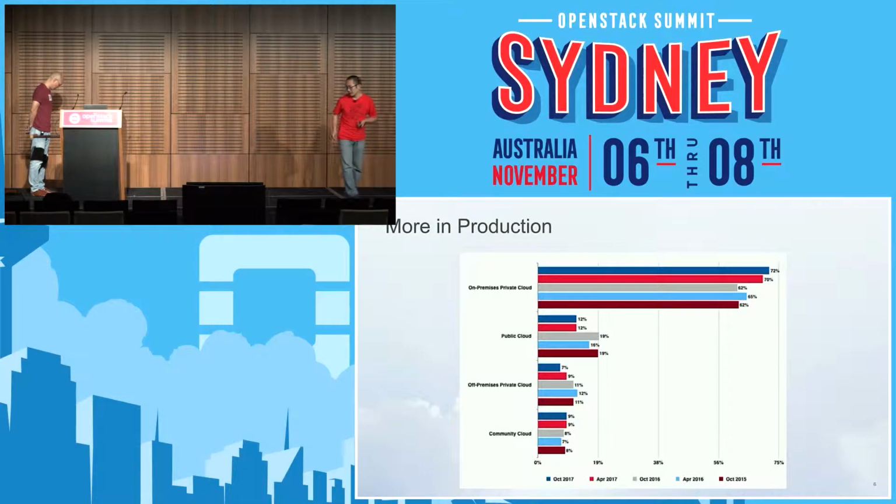Currently the number is 72% of OpenStack usage. From this picture, the point is that OpenStack usage is still mostly on-premise private cloud.